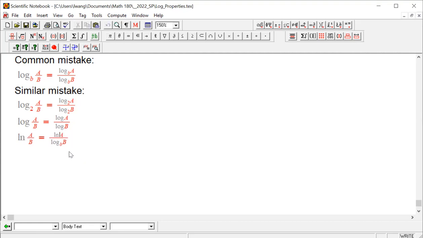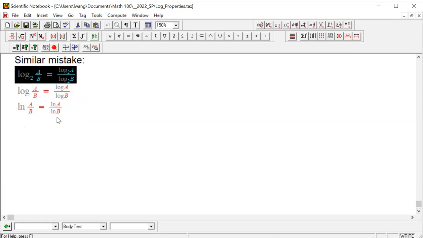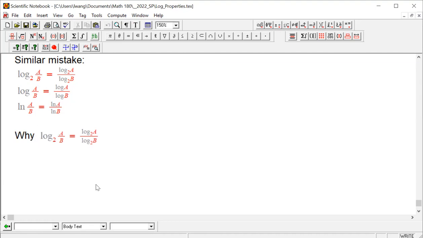Oh gosh, this is such a terrible mistake. Why are they terrible mistakes? So let's explain one by one. Exceedingly common mistake. So once again, I'm going to show why this is false.